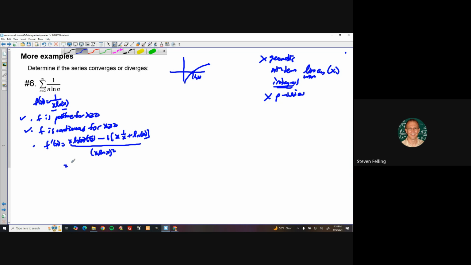So that cancels to 1, so that's negative 1 minus natural log of x over (x natural log of x) squared. This denominator is always positive because it's squared, and in the numerator, we know that the natural log of x itself is positive once we get above 1. So we'll have a negative 1 minus more, so it's going to be negative on the top. That means this is less than 0, and therefore f is decreasing. So we've shown the third condition is true, therefore the integral test applies.